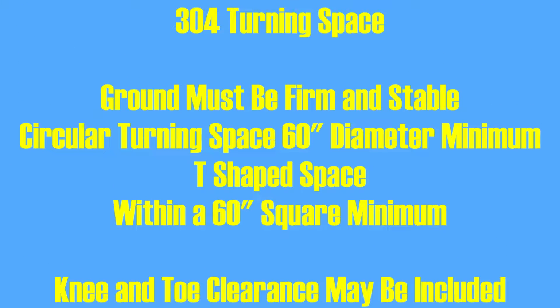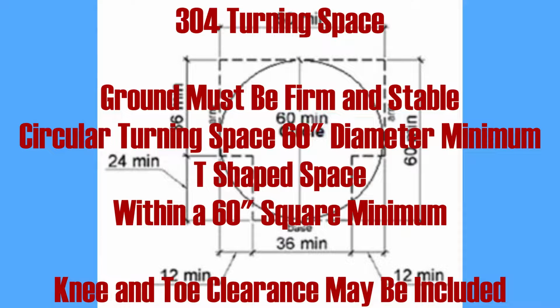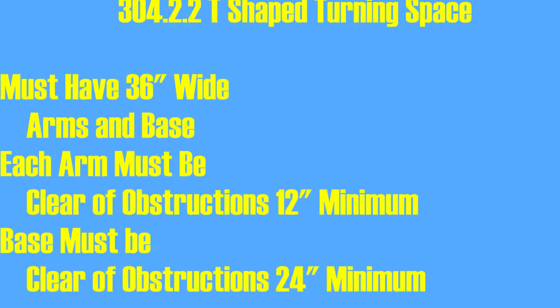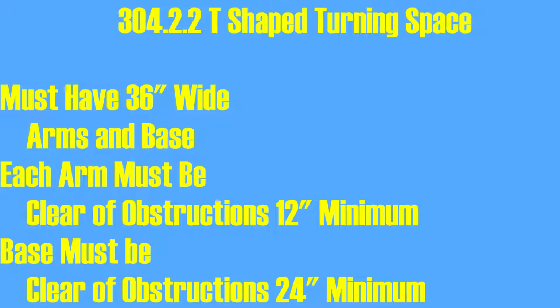Section 304, turning space. The ground must be firm and stable. A circular turning space 60 inches diameter minimum, or a T-shaped space within a 60-inch square minimum. Knee and toe clearance areas may be included in the turning space. T-shaped turning spaces must have 36-inch wide arms and base.